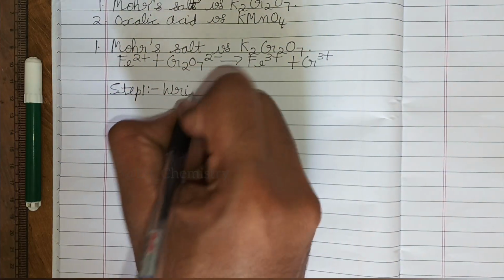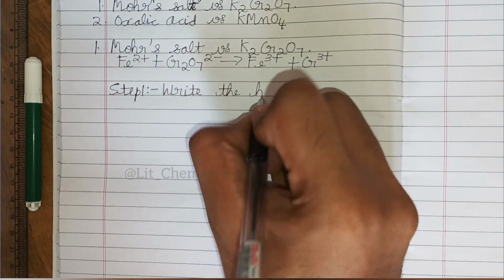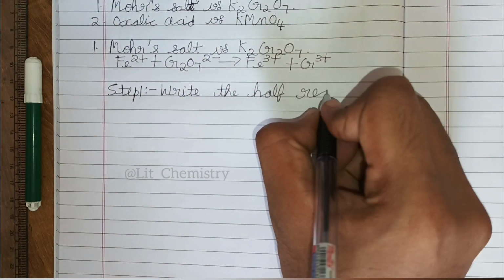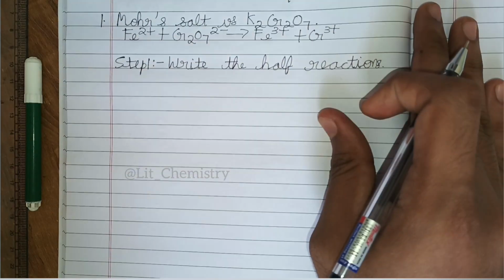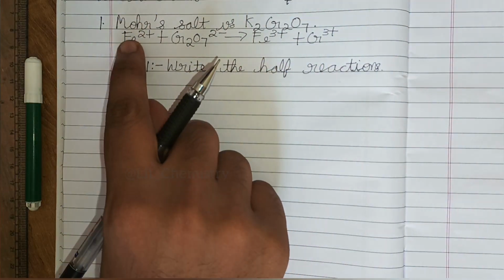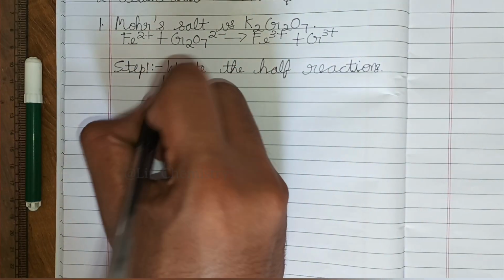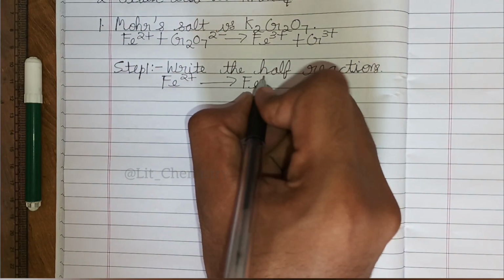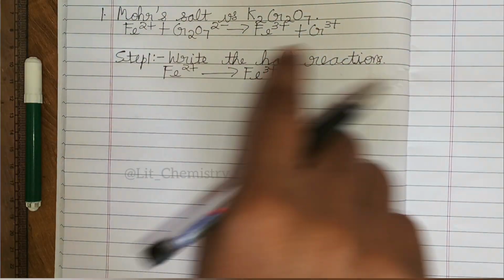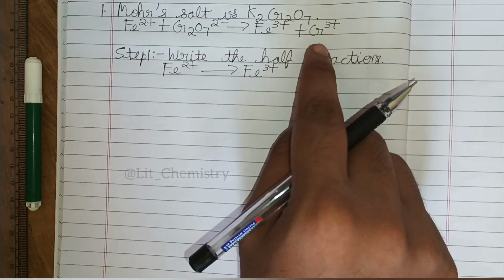Here we have the half reactions: Fe2+ gives rise to Fe3+, and Cr2O7 2- gives rise to Cr3+.